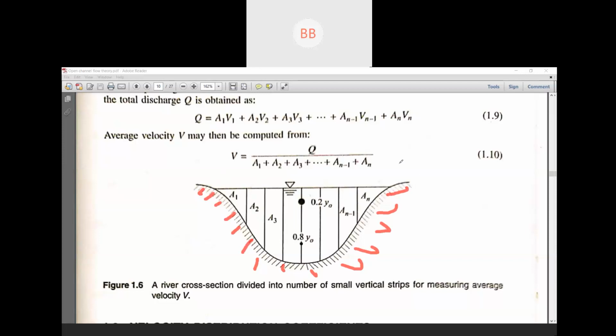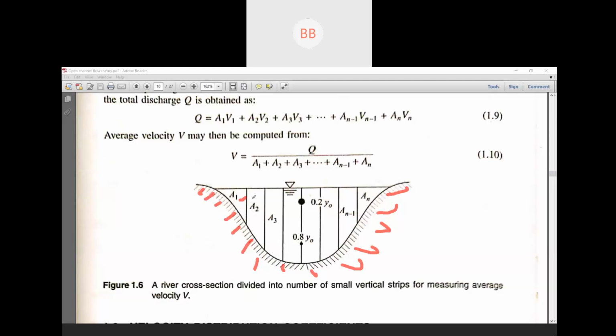Suppose the width of the river is 60 meters, then we divide it into 10 meter sections. Ten meters is not a standard, it depends on you. You can take 5 meters also, or 1 meter. The more sections you take, the more accurate a value you will get.